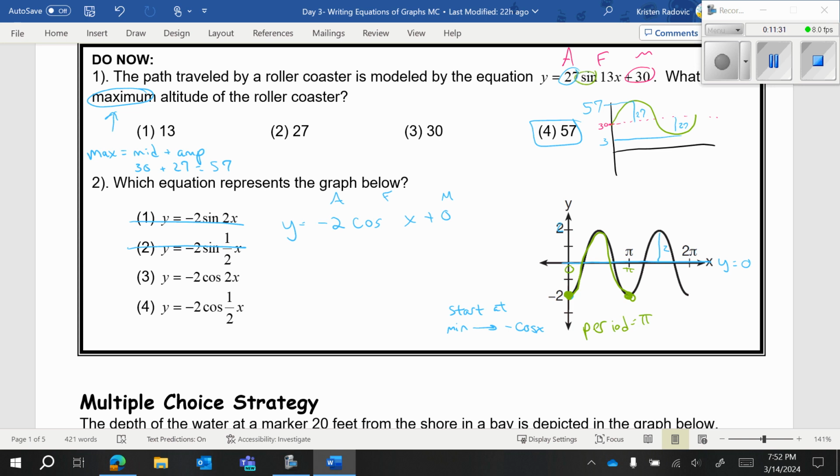So you need your frequency. The frequency is 2 pi over the period. Your period was pi, so your frequency is 2. You're going to simplify this to be y equals negative 2 cosine of 2x. And that would be choice 3.